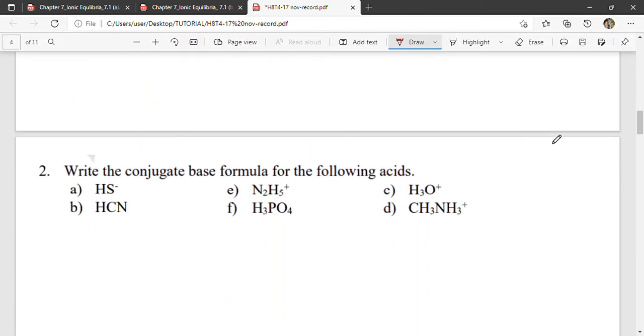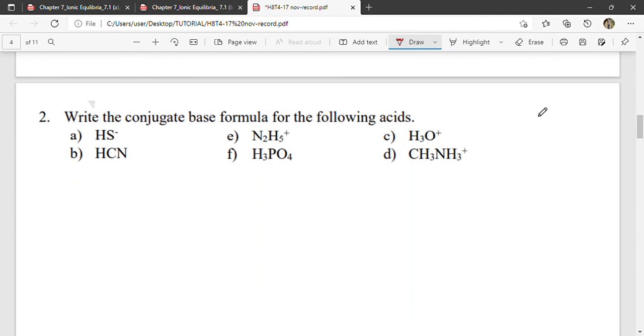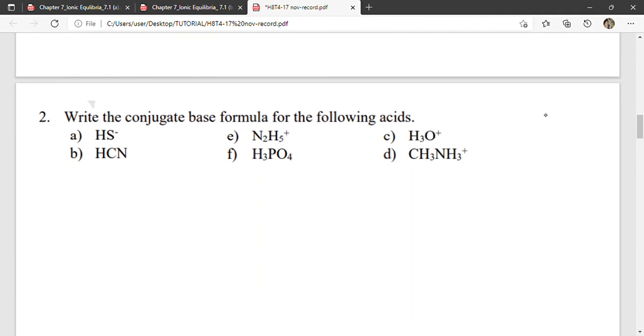All right. Next, for question 2, write the conjugate base formula for the following acids. So what is the acid that we have here? We choose one of the acids. Let's say I choose 2E, N2H5 plus. So N2H5 plus is the acid. All the species that are given to you are acids.